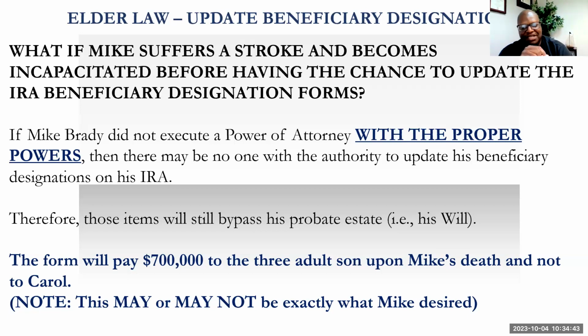And at the bottom, it says all of the above. So what happens a lot of times is people want to do the simplest thing, give their agent the most powers, and they'll go to that general section and say all of the above.